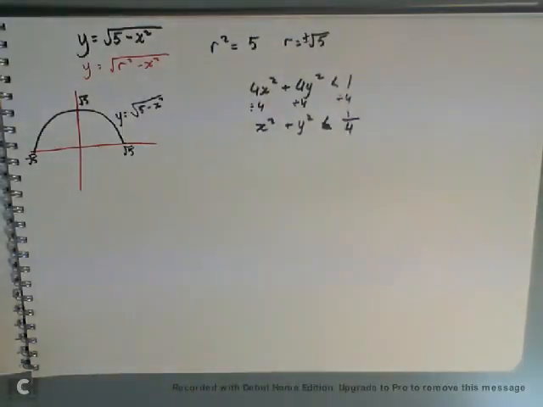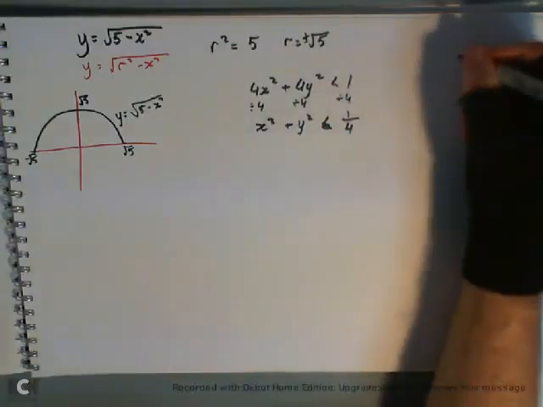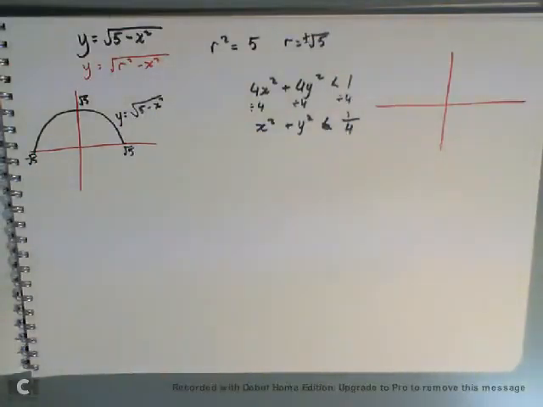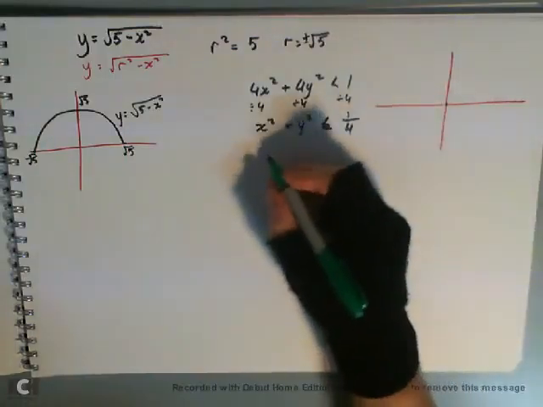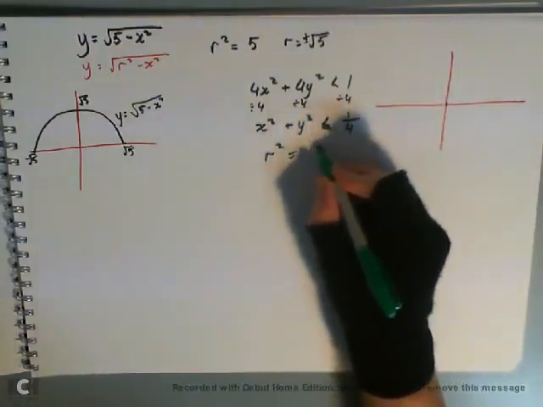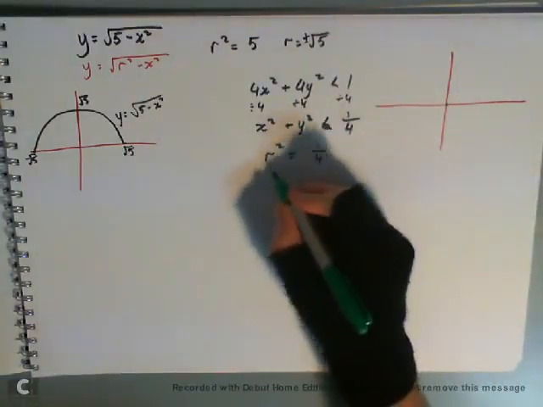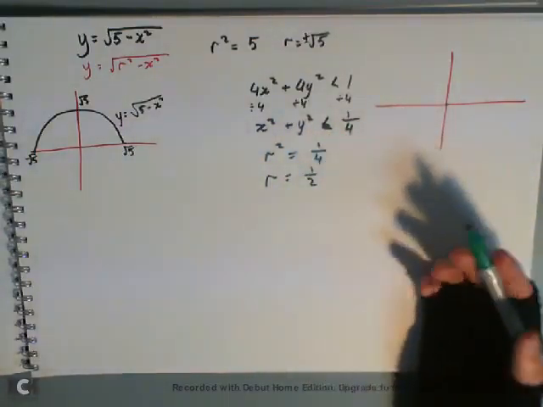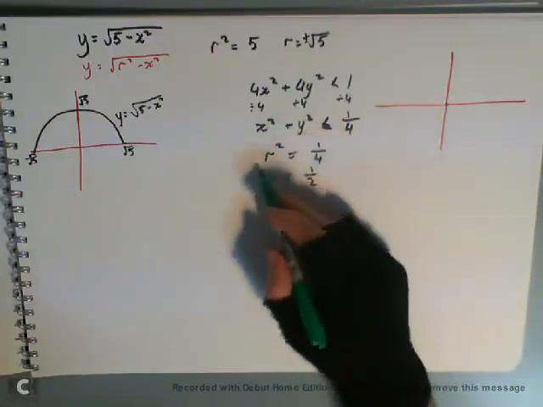We haven't been moved left or right. So if we draw a set of axes, we start at 0 because we haven't moved left or right. What's our radius? R squared is 1 over 4, so we can say R is going to be 1 over 2. Square root of 1 is 1, square root of 4 is 2.